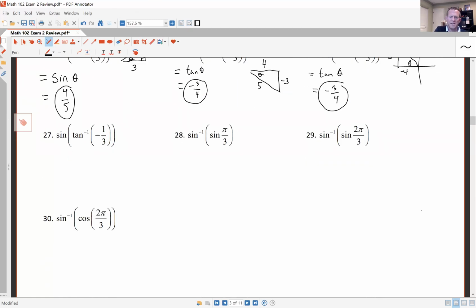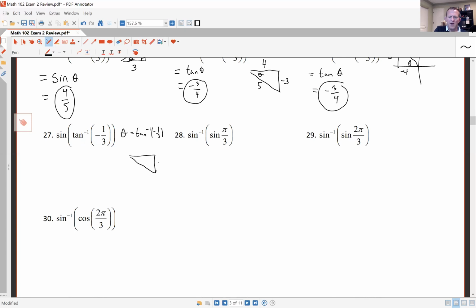Last one of this kind, sine of inverse tangent of negative 1/3. If theta is inverse tangent of negative 1/3, then theta is the angle whose tangent is opposite over adjacent. However, because it's negative, I have to remember that I'm in quadrant 4.